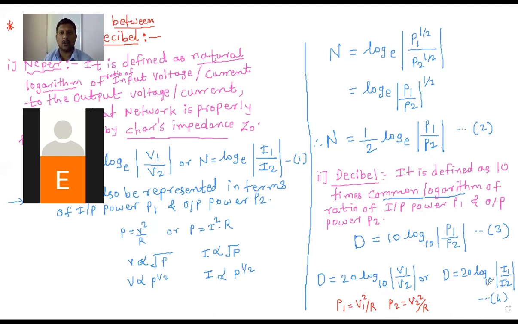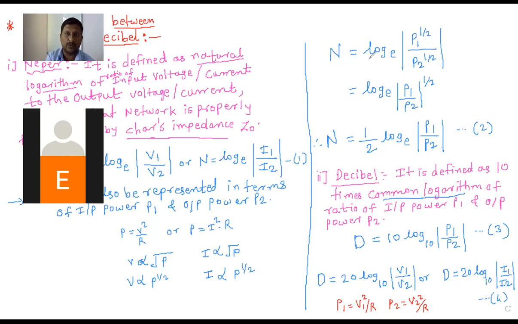Now we have the expression of N in terms of voltage, current, and power, as well as the expression of decibel in terms of power, voltage, and current. These are the definitions we have discussed.